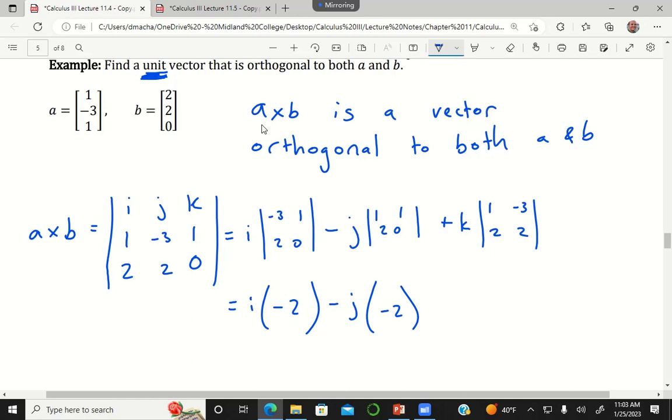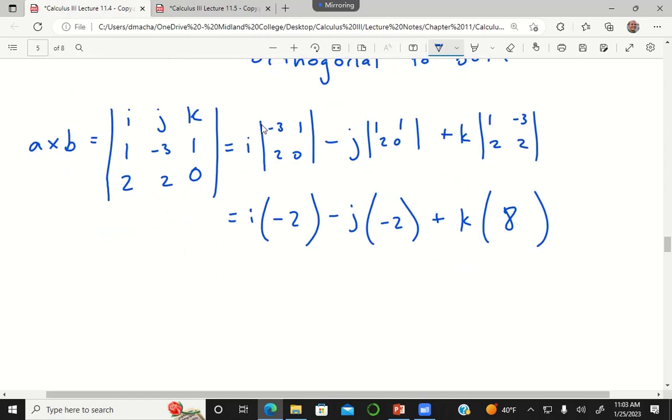Yeah, because it's 1 times 0 minus 2 times 1, and then what is this last determinant over here? 8. Because it's 1 times 2 minus 2 times -3, so that is 8. So my vector A cross B is then going to be my vector -2, 2, 8.